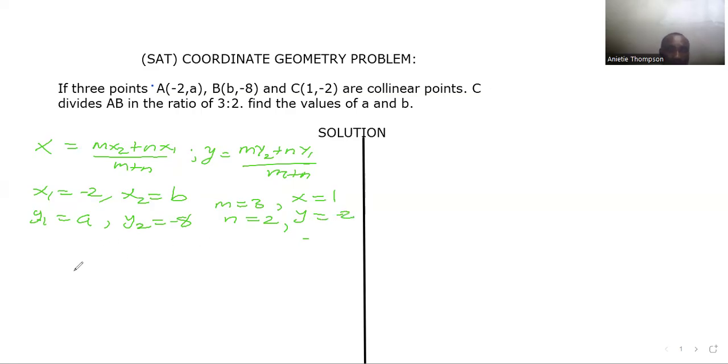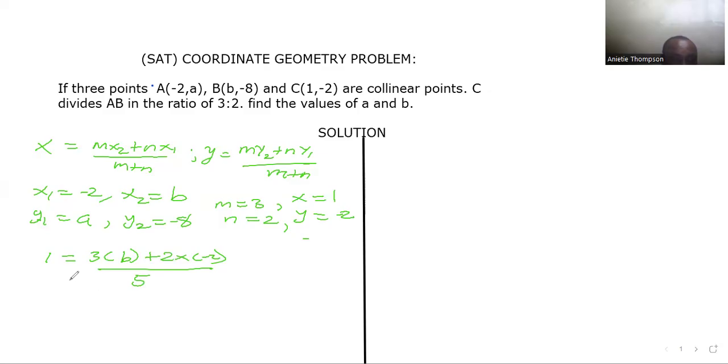So we can say that 1 equals 3 times x2, which is b, plus 2 times x1, which is -2, divided by m plus n, that is 2 plus 3, we have 5.